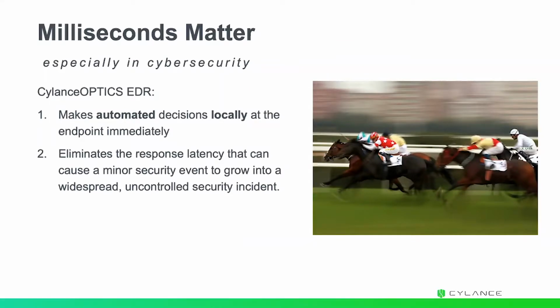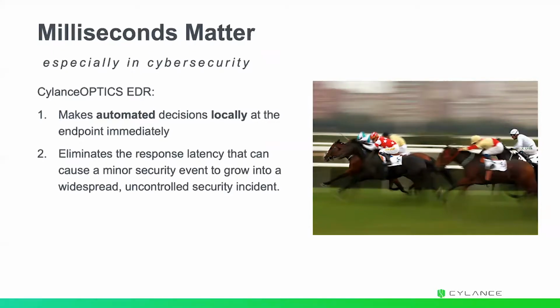With CylanceOPTICS, a lot of what we do occurs locally at the endpoint without having to necessarily communicate with our cloud infrastructure or external servers. All of our response logic, all of our detection logic, whether it's the behavioral rules that customers are allowed to create, or our machine learning models, is stored locally on the endpoint, which allows the endpoints to make their own decisions and their own responses without having to communicate to a cloud.